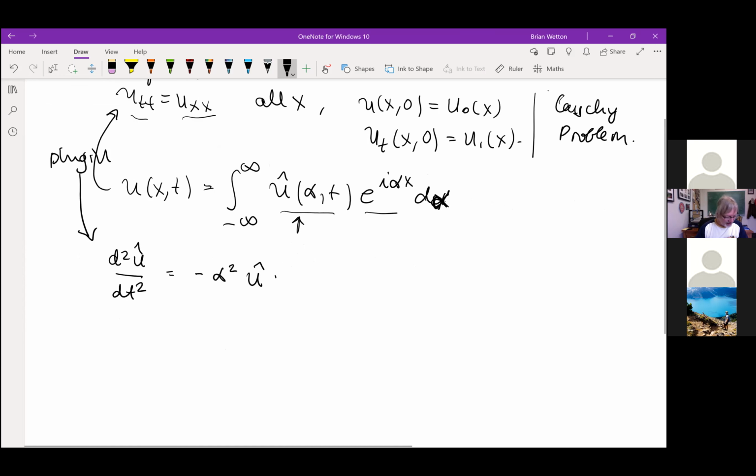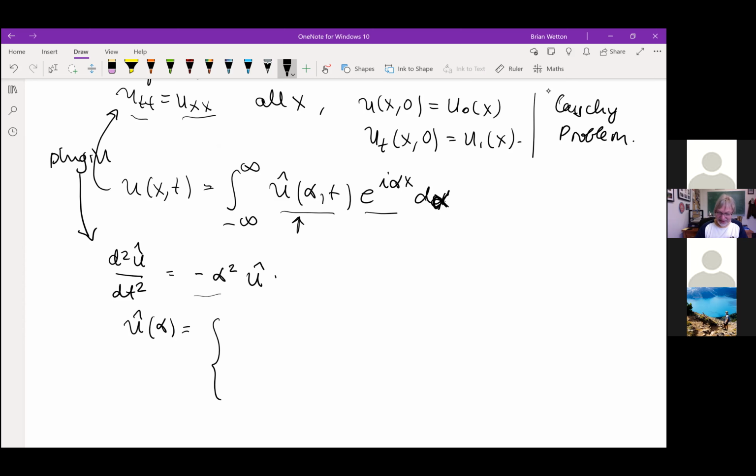This is a pretty easy problem to solve, constant coefficient. I don't actually have to write down the characteristic equation, right? That quadratic, I can just look at this and go, hey, those are sines and cosines.